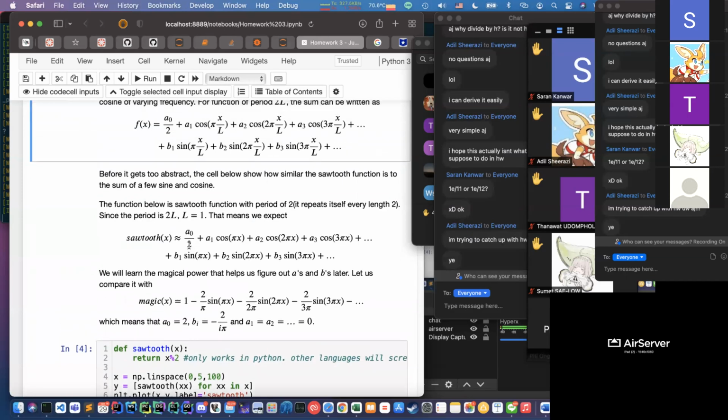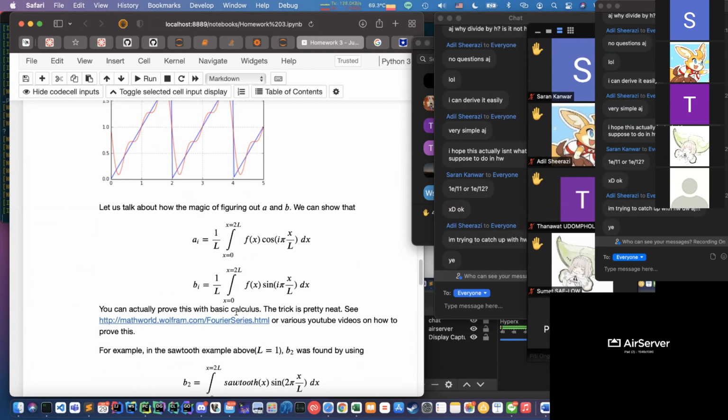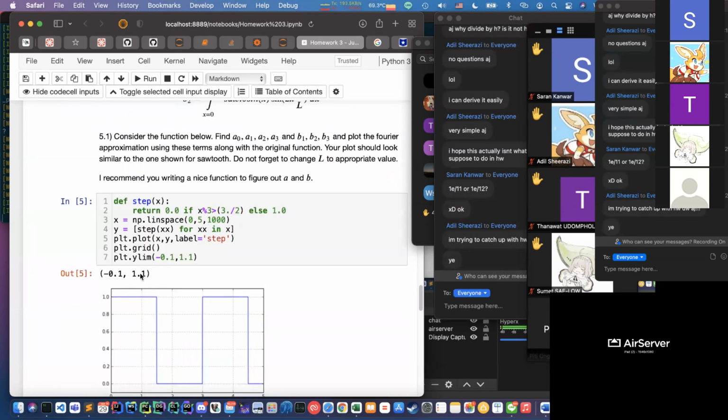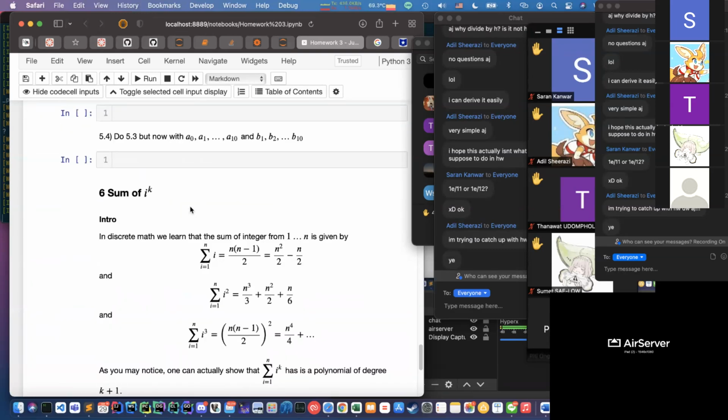So every single function can be written as a sum of sines and cosines, and I tell you exactly how to find the a's and b's. If you're interested in why a and b look like this, then Wikipedia or YouTube can help you. It has to do with orthogonality and so on. Then you're gonna find the series for a whole bunch of things.